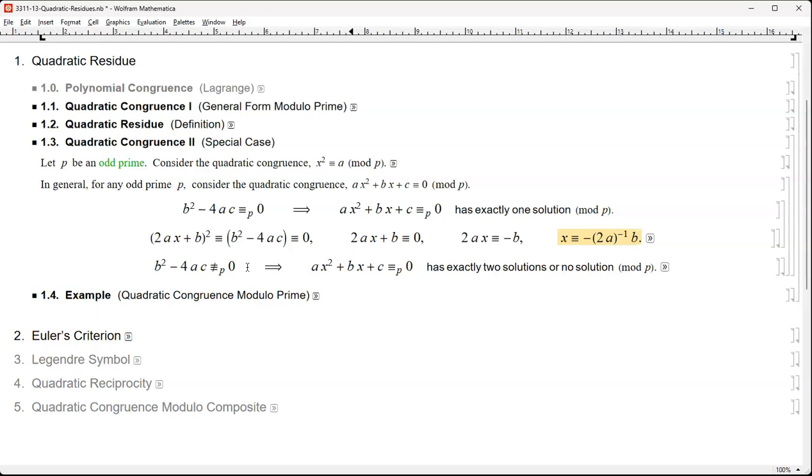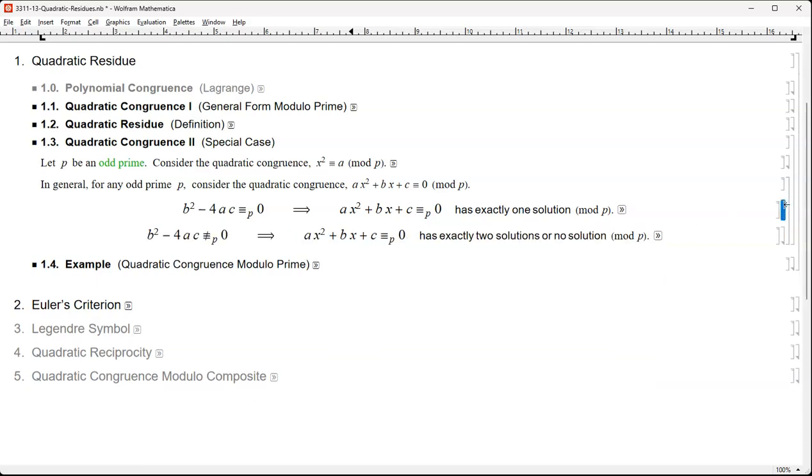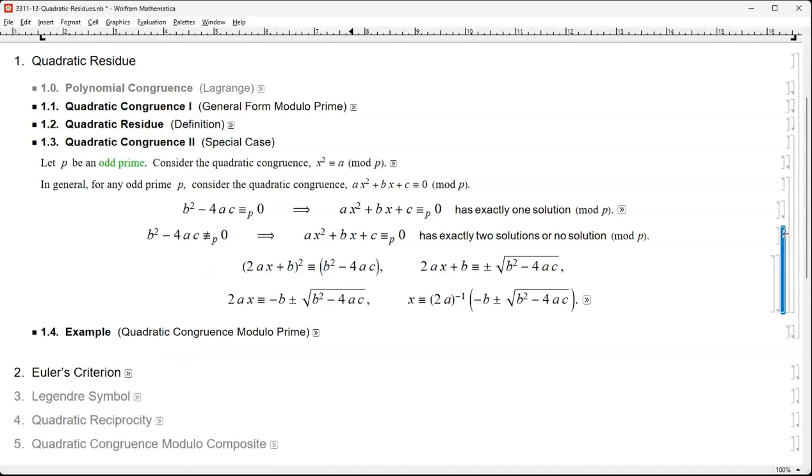Now what if this discriminant b squared minus 4ac is non-zero? In that case, we can have two solutions or no solutions modulo p. If b squared minus 4ac is a quadratic residue, then we have two solutions, plus or minus some alpha, which I'm going to write as the square root of b squared minus 4ac, and then flip this b to the other side, and then divide away 2a, which is always possible.